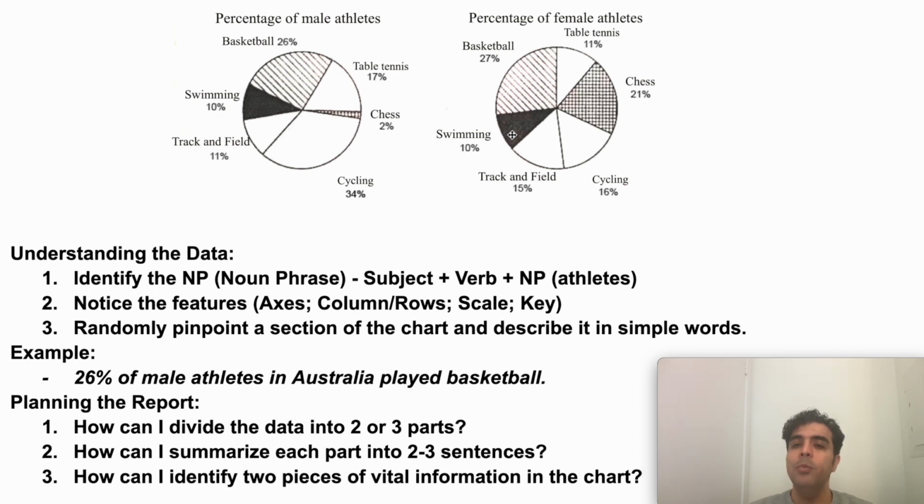What are the points of departure? That is stark contrasts that you can see in these pie charts. And what are the points of similarity? For me, the 10% swimming, which is equal among male and female athletes, stands out. This can serve as one meaningful comparison.